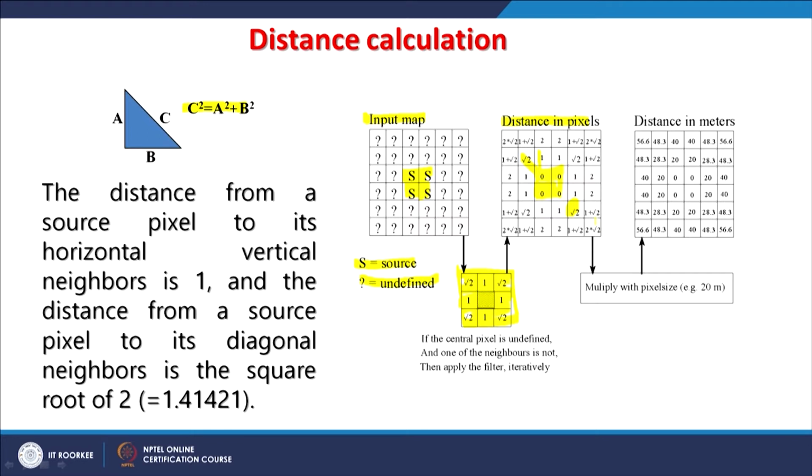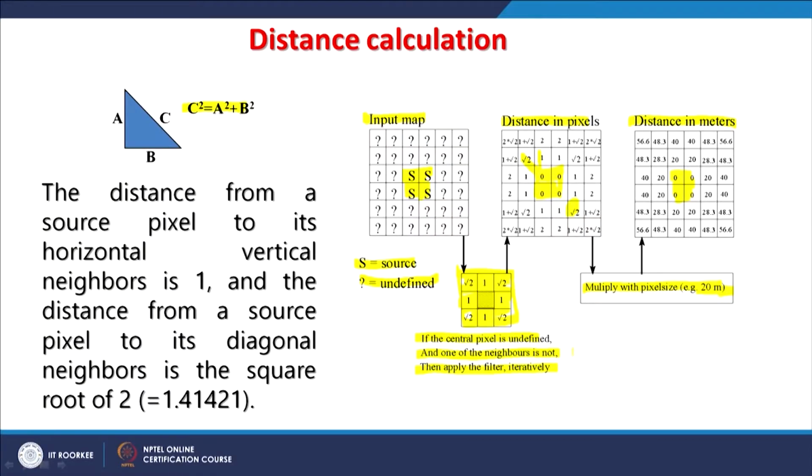When we multiply this with the pixel size, which is the spatial resolution of this input data, we can get the distance from the water source to the different cells. So now we have the distance. If the central pixel is defined in our roving or moving matrix, and one of the neighbors is not, then apply the filter iteratively.